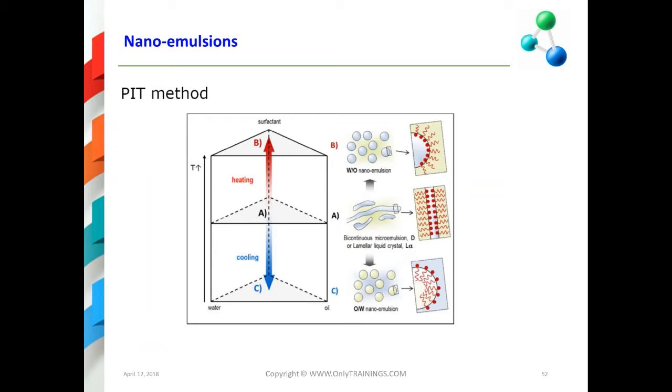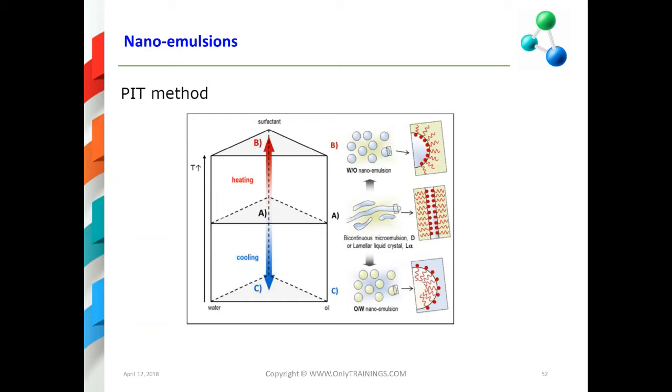You can process the PIT in two ways. You can heat the system to the PIT, but you can also cool down the system, depending on which kind of emulsion you want to obtain. Most of the time you will heat the system if you want to obtain water in oil nanoemulsions, and you will cool down the system if you want to obtain oil in water nanoemulsions.